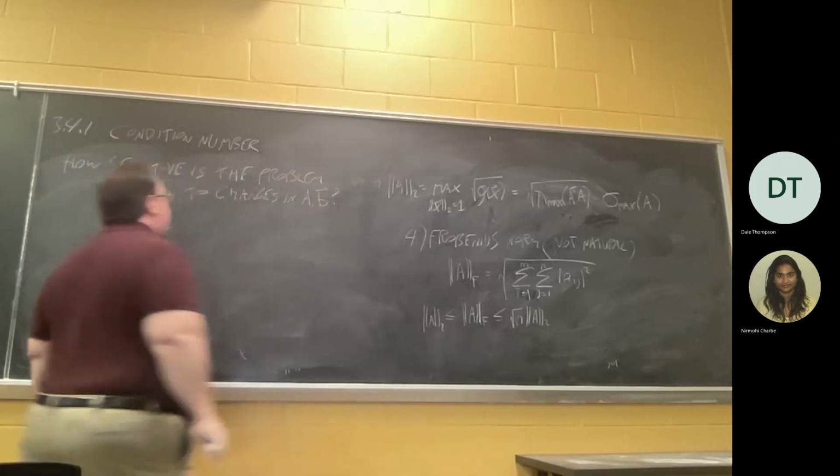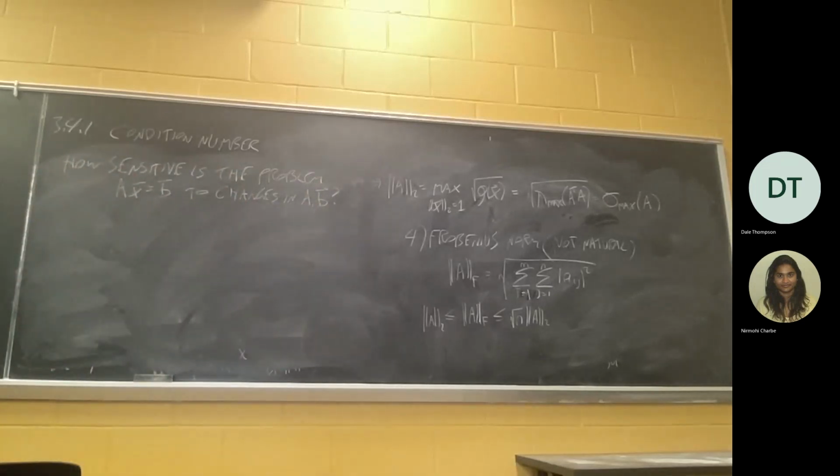So this gets to what's called conditioning of a problem. We're going to talk about conditioning for Ax equals b, but for numerical algorithms in general, you don't want a situation where a small change in the problem leads to a large change in the solution, because that means you can't trust the solution.